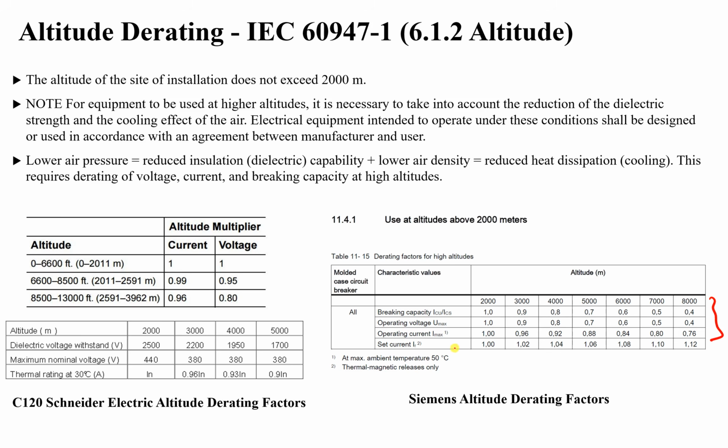However, if our circuit breaker is adjustable, we can adjust this value, Ir, the rated current after which it will start to activate. At higher altitude, I'm going to change the pointer to a higher value. Instead of activating at this value, I'm going to make it activate at a higher value, like here, as if I am changing my breaker.